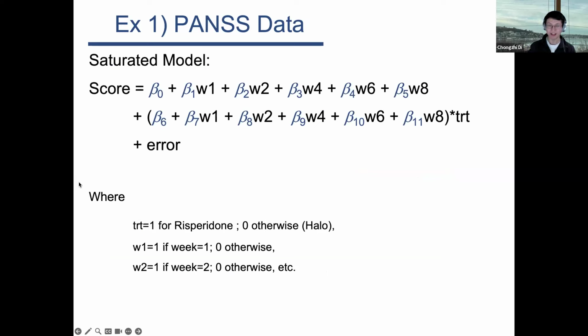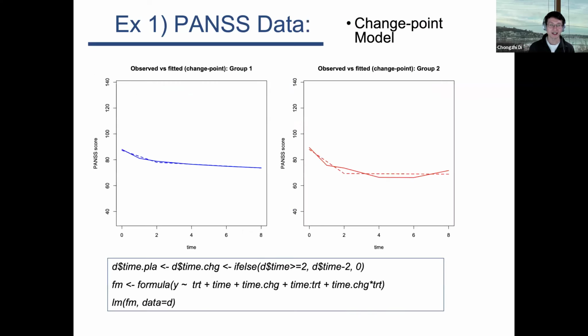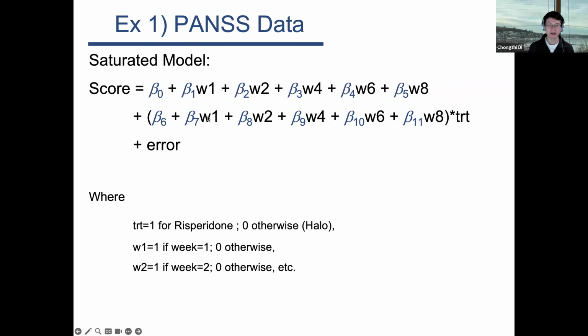Because if you wanted to summarize the treatment effect, you have 5 parameters, and it's not easy to interpret this. Also, sometimes you could have a collinearity problem if you put too many covariates in the model, right?